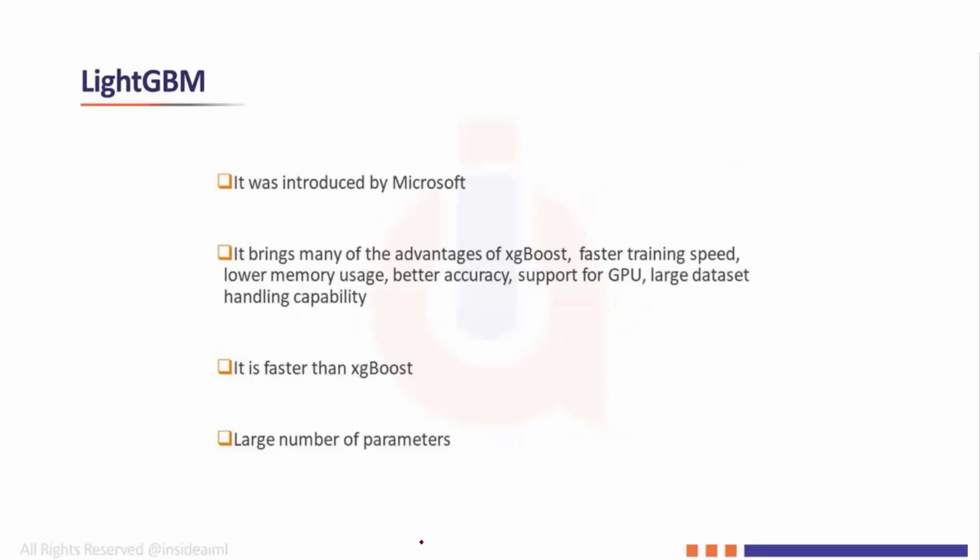Another very important algorithm which came about was called LightGBM. This was introduced by Microsoft, and it brings many of the advantages of XGBoost that we talked about, but it has a faster training speed, uses lower memory, sometimes brings better accuracy, supports GPU, and has large dataset handling capability.